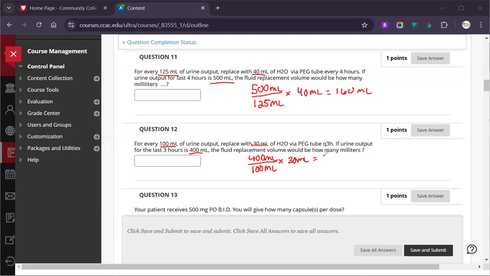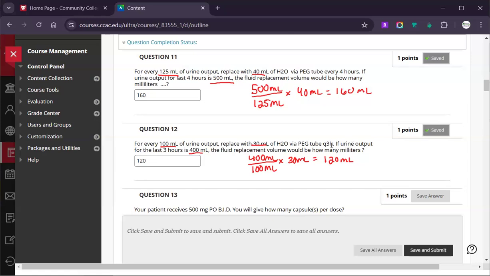And then again, that's 4. So 4 times 30 is 120 milliliters. So then I would just add my answers here, 160, 120. And remember, you don't need to worry about the milliliters when you're doing that.